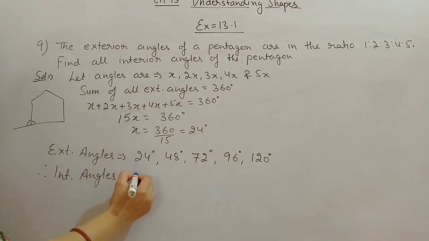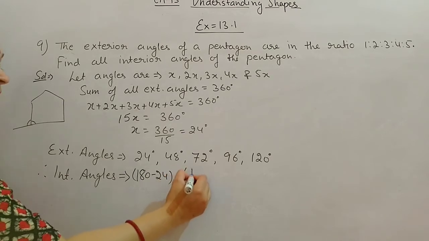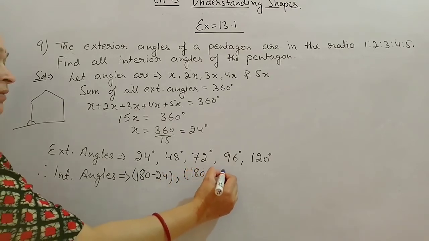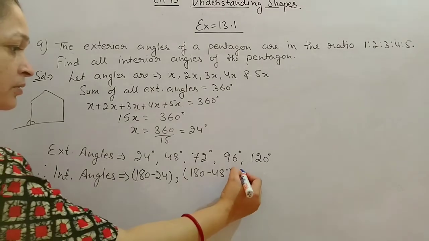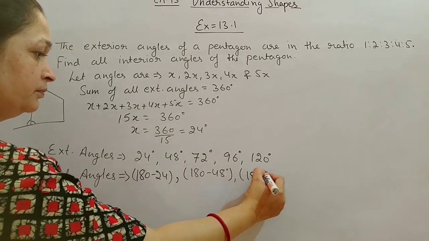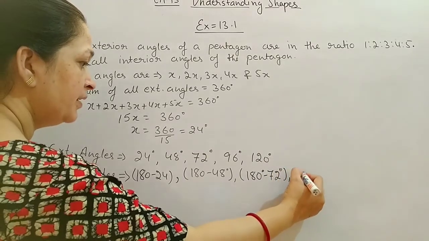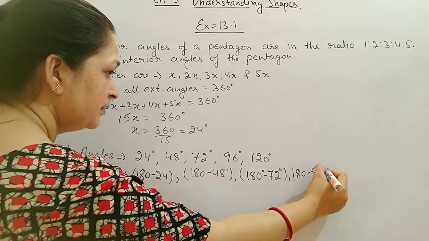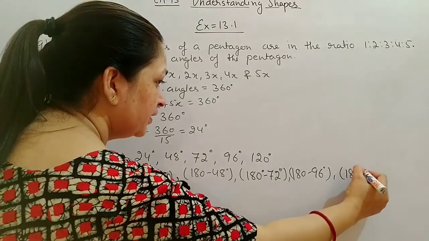So the first interior angle will be 180 minus 24. Second will be 180 minus 48. Third will be 180 minus 72. Then 180 minus 96 and 180 minus 120.